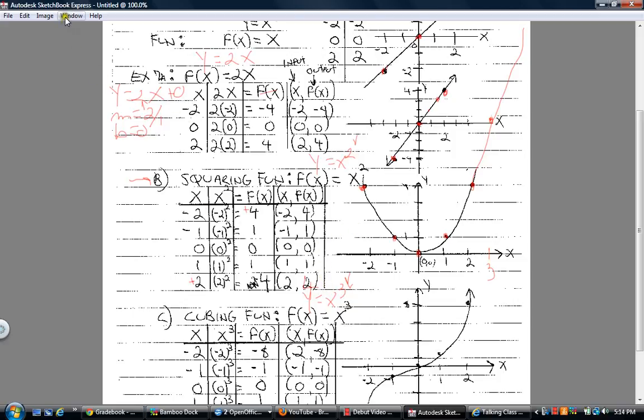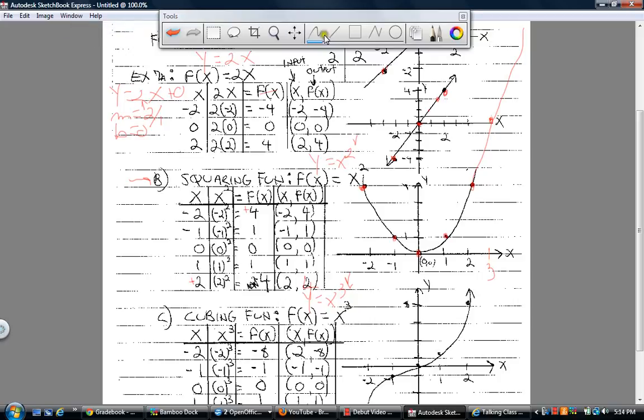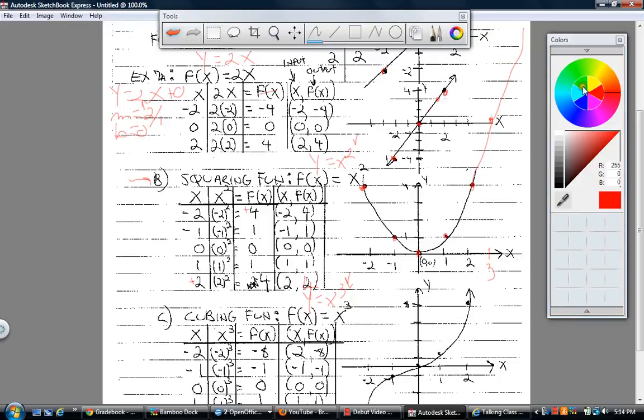What I want to do is try something a little different here. Let me go to my toolbar and pick a different color. Let's go to green for a second. What if I said y equals, or f of x, doesn't matter, equals x squared plus 2. If you did an expanded xy table and put values in, you'll find that you're going to move the whole parent graph up 2 units.